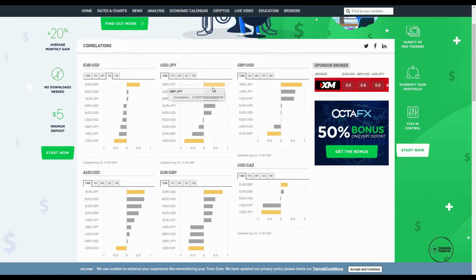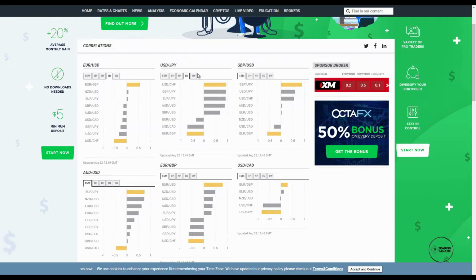As you can see in this example here, that's on the 15-minute, but I'm just showing you as the example. We have 0.89. So that's a very good correlation, almost 90%. Which means that for the last 15 minutes, GBPJPY and USDJPY have been moving 89% in the same direction, which means their behavior and direction is almost the same.